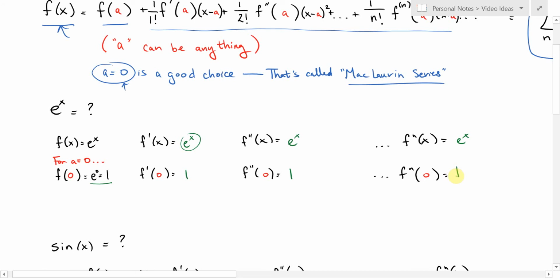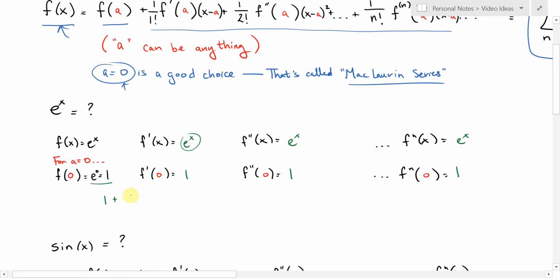So if you write down what the power series for this is, it's going to look like, well, f of 0 is 1, plus the derivative at 0 is 1 times x minus a. But a equals 0. So let me write down what I'm writing, and then I'll simplify it.